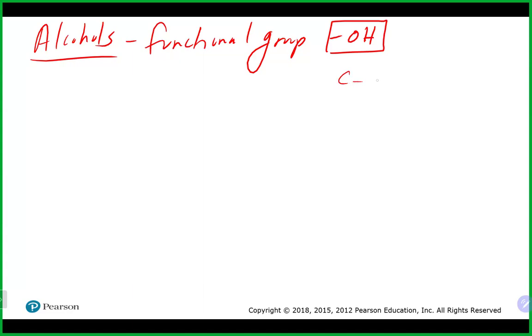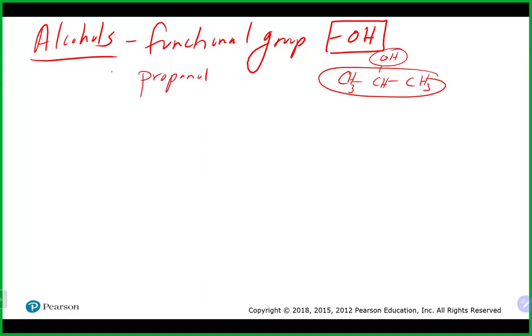So again, if we had something like this, we would need to give the location of it. It would be based off of 3 carbons, which is propane, propanol, with the location of that OH group at carbon number 2. So that would be our 2-propanol.